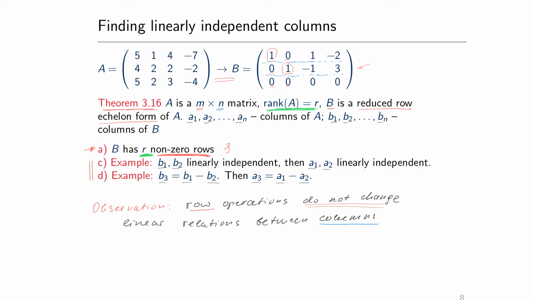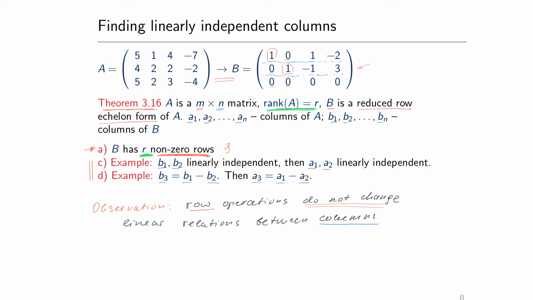For example, when B1 and B2 are linearly independent, as here, then A1 and A2 also will be linearly independent. And it is easy to check that if B3 is B1 minus B2, that is obvious here, then, less obvious, but it's easy to check that A3 is also A1 minus A2.